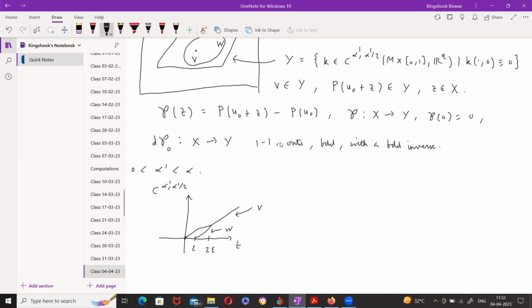And W belongs in a small ball of radius delta around V. Okay.